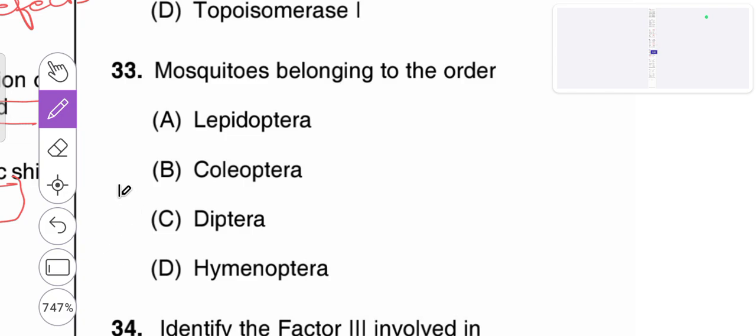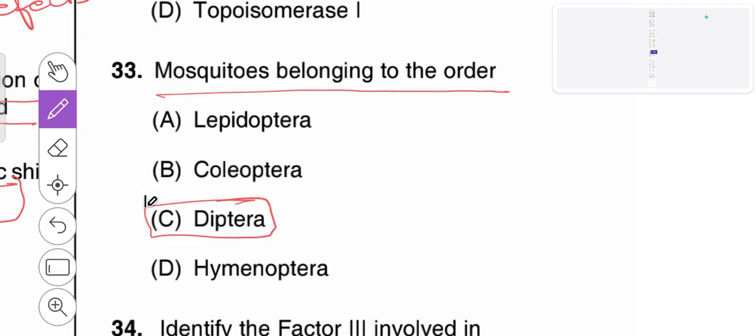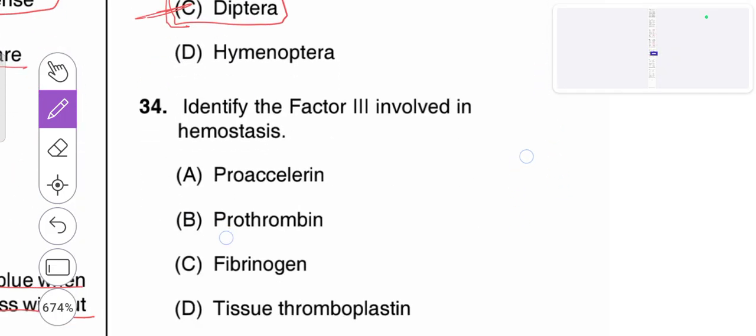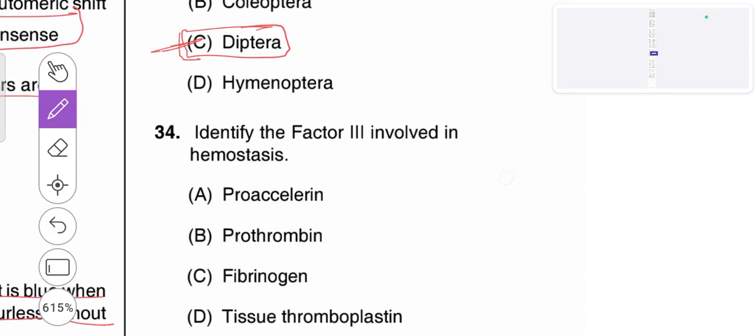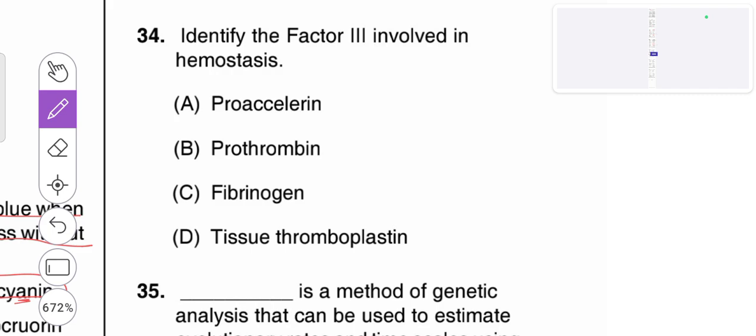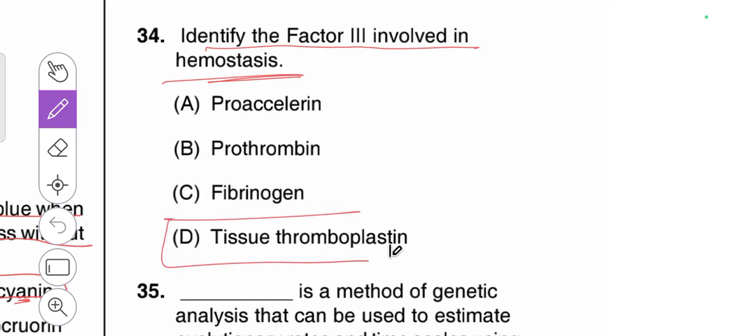Then the mosquitoes belonging to order, that is Diptera, a Drosophila mosquito, these will come under the order Diptera. Class Insecta, order Diptera. Then 34. Identify the factor 3 involved in hemostasis, that is tissue thromboplastin.